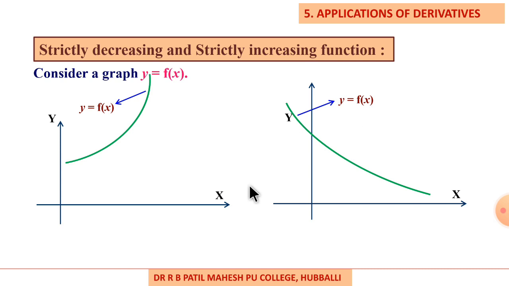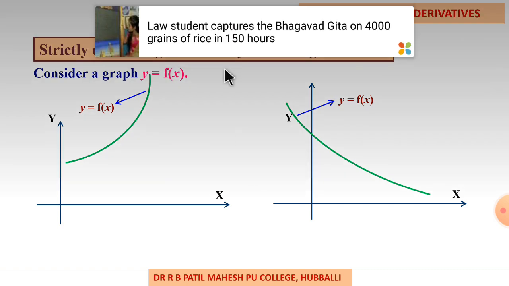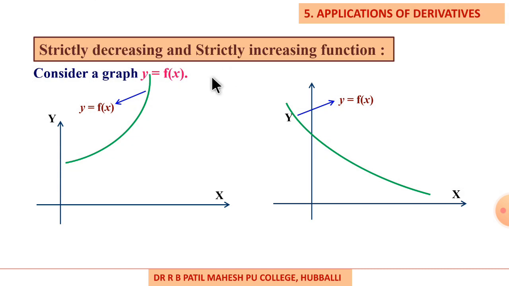Now next, the concept is strictly decreasing and strictly increasing function. So consider a graph y equal to f of x. So there are two curves. The first and this one is the second.